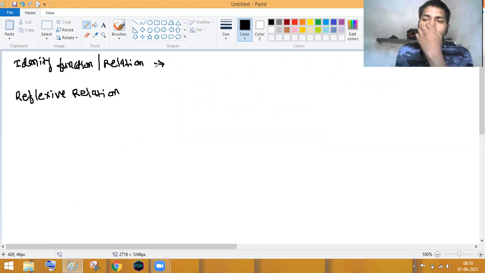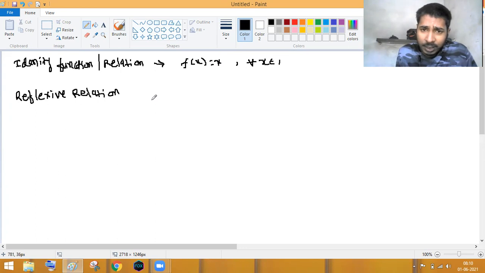So identity function means what? क्या होता है? कि f of x should be equal to x. This is the basic thing, and for all x belongs to the capital X, or the A. What is a reflexive relation?